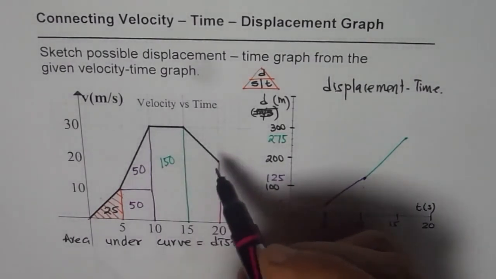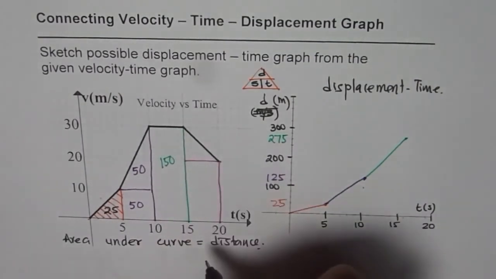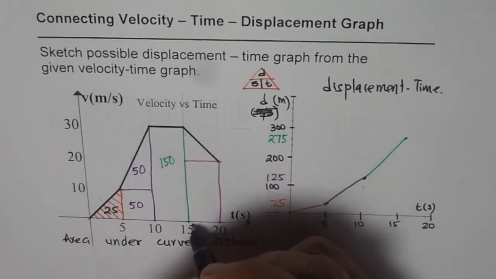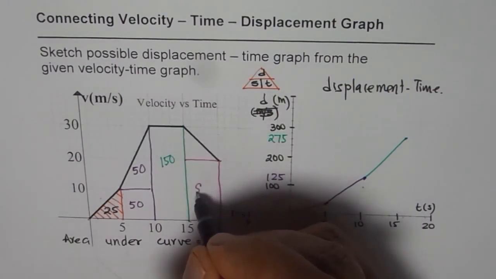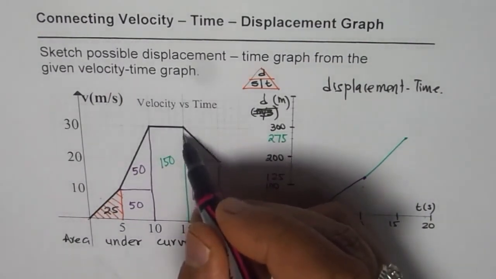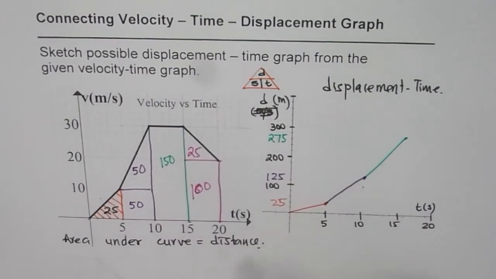You get area, which is, we can have a triangle and a rectangle. Now the rectangle has an area of 20 times 5, which is 100. Okay, let me write 100 here. And then this triangle has a height of 10. Half of 10 is 5. 5 times 5, 25. So 125.